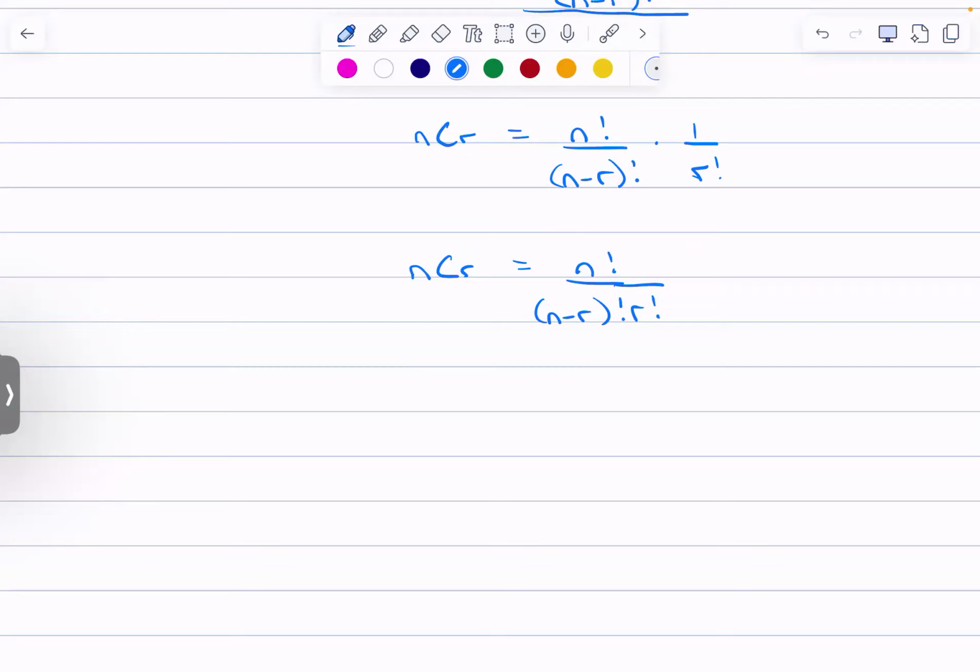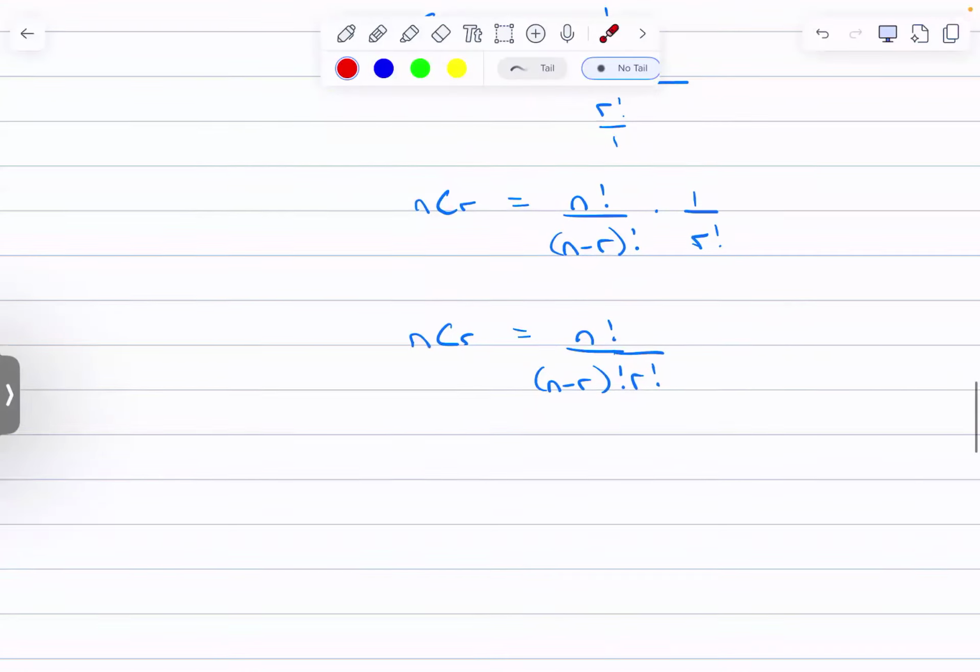Good. So this is how many ways can I rearrange n objects into r slots, but now order doesn't matter. And so that's what the combinations are going to tell us.